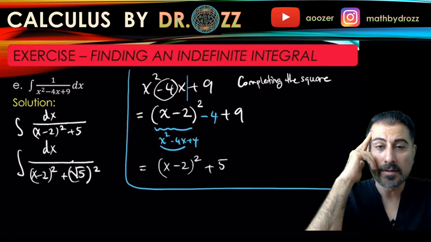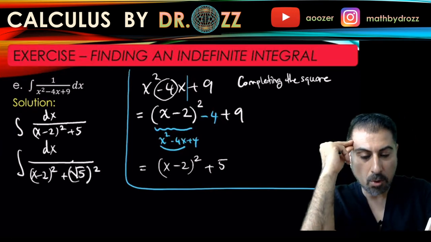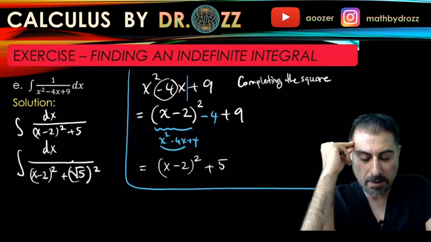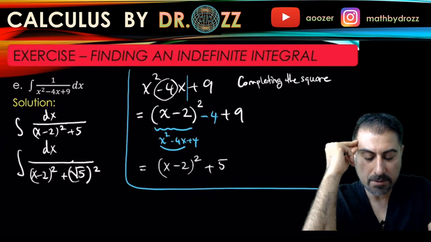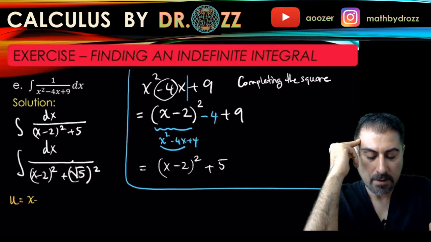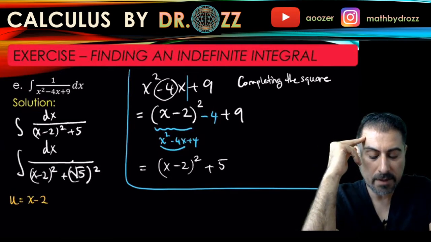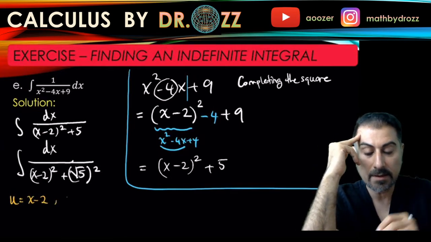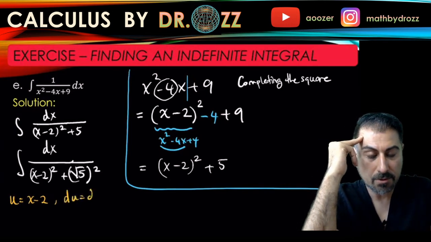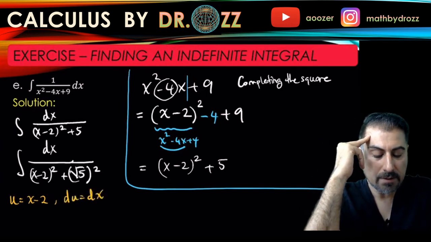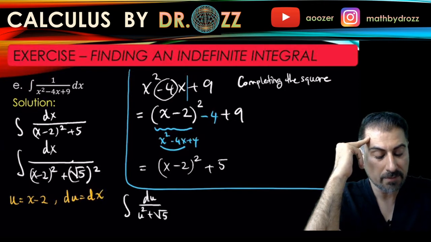This way I can call u to be x minus 2, and a is going to be radical 5. Here I can immediately write du equals dx, so that this integral turns out to be du over u squared plus radical 5 squared, right?